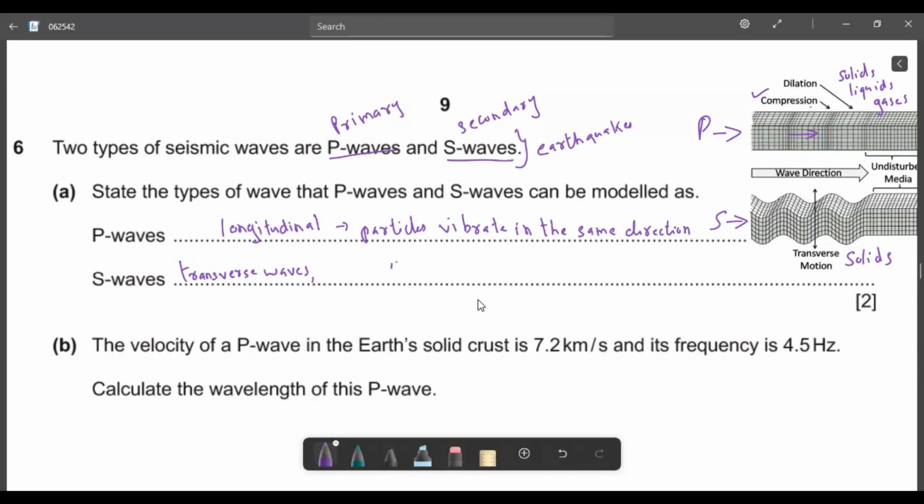Here the particles move perpendicular to the direction of wave travel.